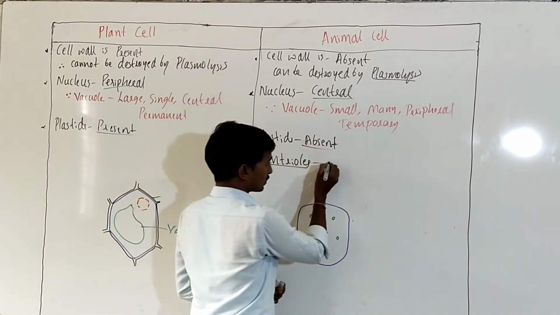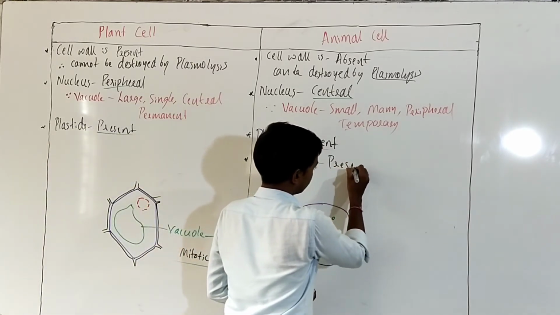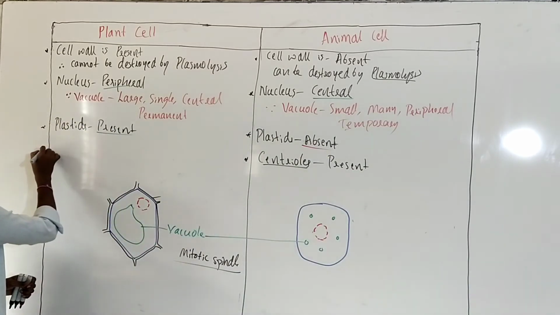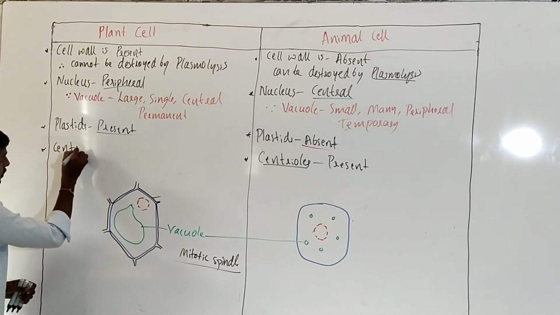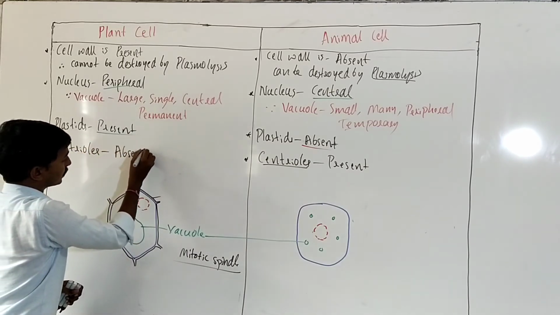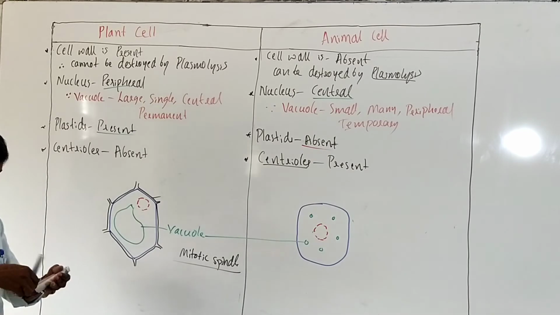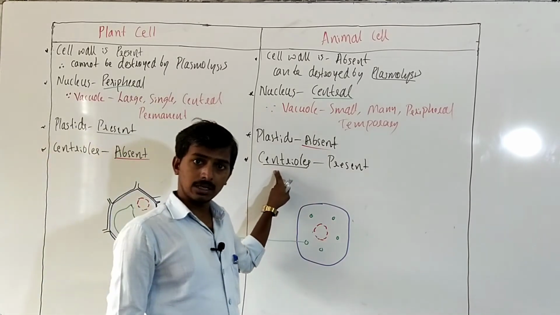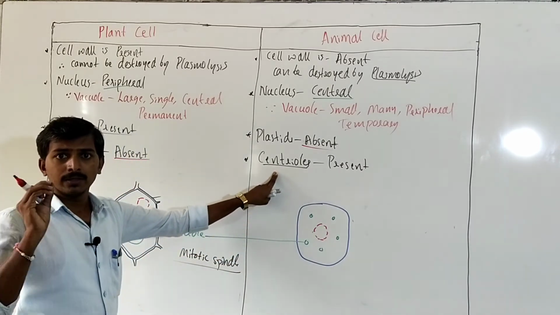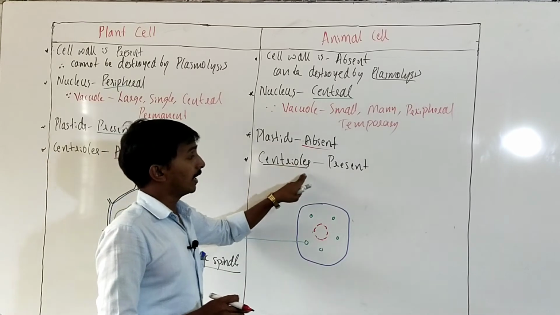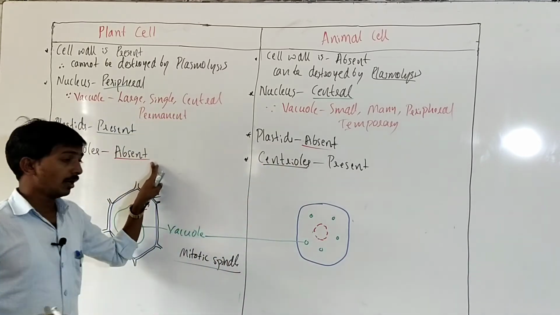The centrioles are present in animal cells, but absent in plant cells. So the centrioles are the cell organelles responsible for the formation of the mitotic spindle. They are present in animal cells and absent in plant cells.